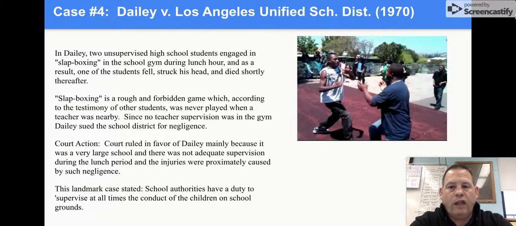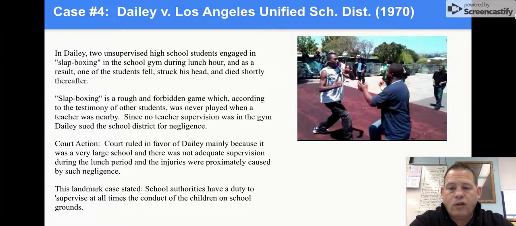Case number 4, Daly versus the Los Angeles Unified School District. Two unsupervised students, and this is kind of a landmark court case dating all the way back to 1970, participated in a slap boxing game during the lunch hour. The students were doing this in the gymnasium. One of them fell, hit their head, and actually later died.